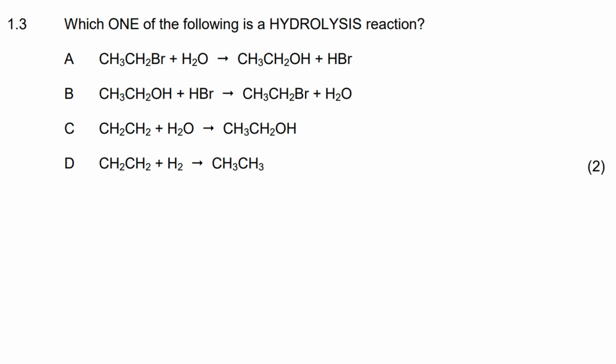Which one of the following is a hydrolysis reaction? Okay, so hydrolysis, let's quickly talk about all the reactions that we've learnt about, if you've seen that table of mine. So we start with alkanes up at the top here. Then we put haloalkanes over here, alcohols, and then alkenes. Right.